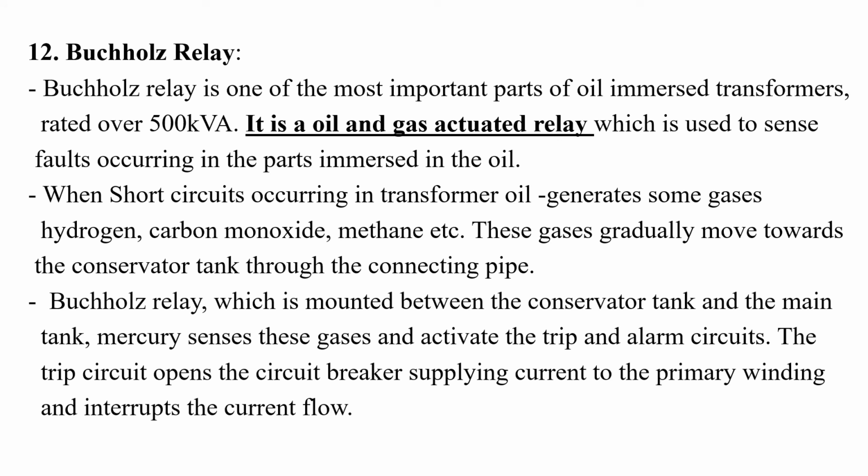If the fault is very severe, then the mercury will sense it and trip the circuit, and finally circuit breakers will open and the primary and secondary windings will interrupt the current flow. In this way, this Buchholz relay will detect and protect the transformer.